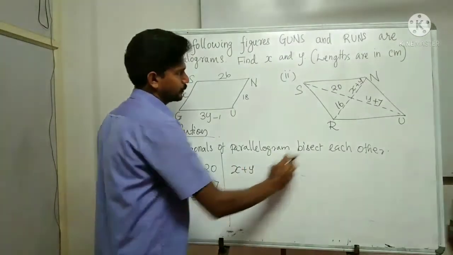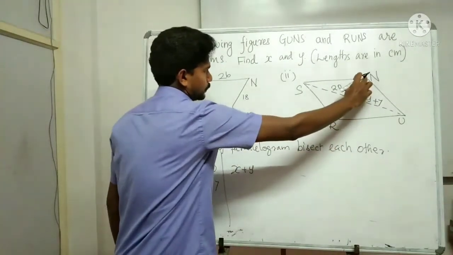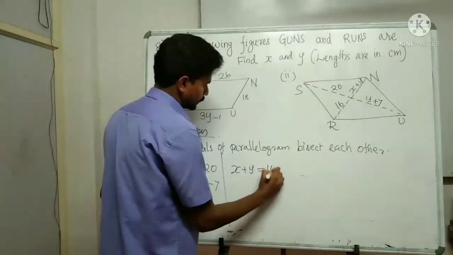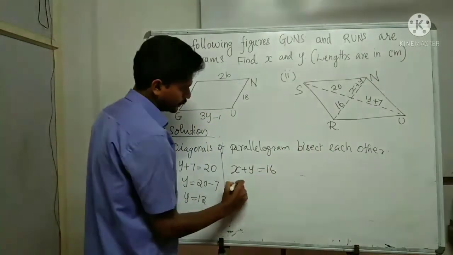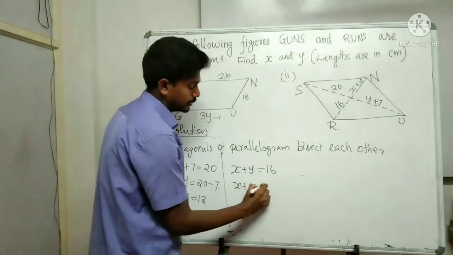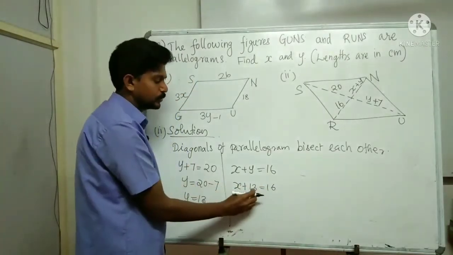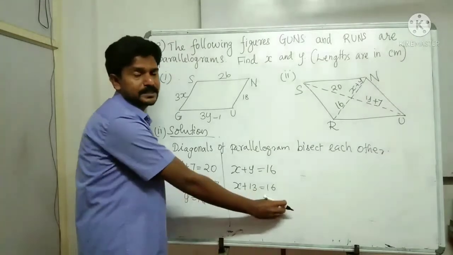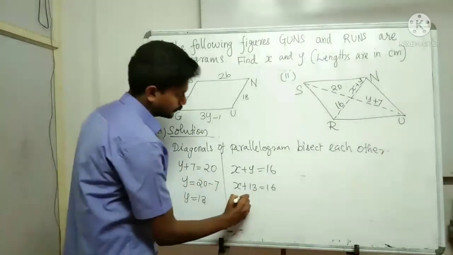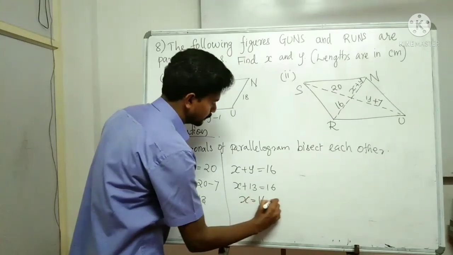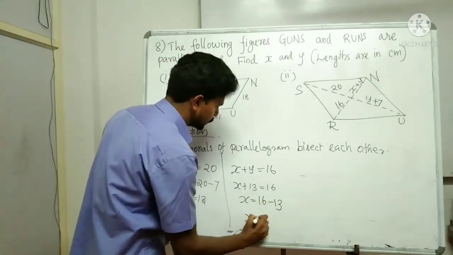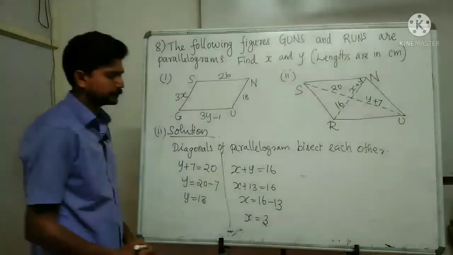So x plus y is equal to 16. So we can substitute y value here. x plus 13 is equal to 16. So 13 we can send that side. The positive 13 when it goes that side becomes negative 13. So x is equal to 16 minus 13. X value is equal to 3 in this question.